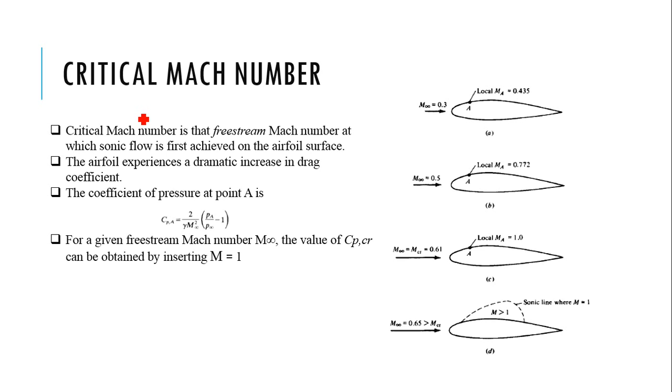And because of the formation of the shock over the surface of the airfoil, we will have separated flow after the shock, and this will cause a lot of change in our drag and lift, that means aerodynamic performance. So here we have four diagrams, four different airfoils, and the free stream Mach number is changing from one airfoil to the other.